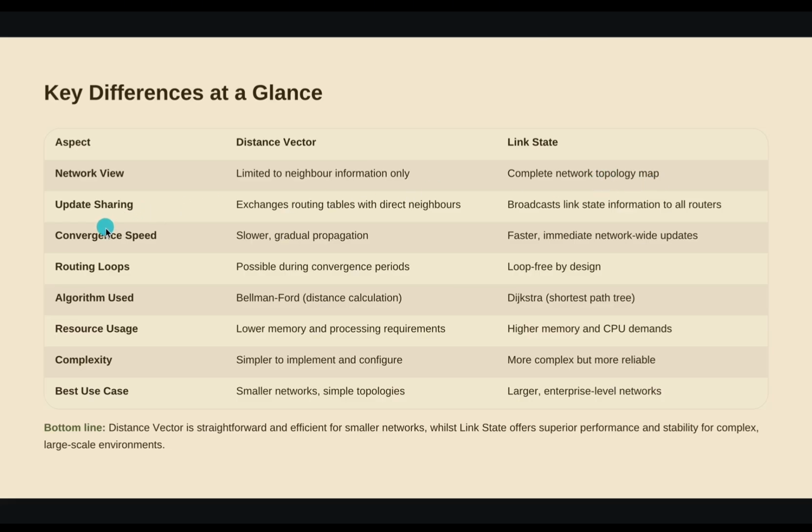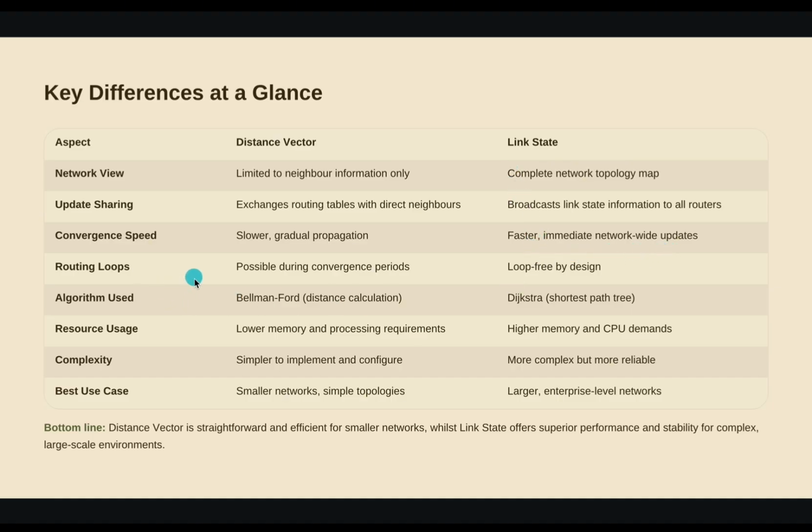Update sharing. In distance vector, it exchanges routing tables with direct neighbors, but in link state, it broadcasts link state information to all routers.